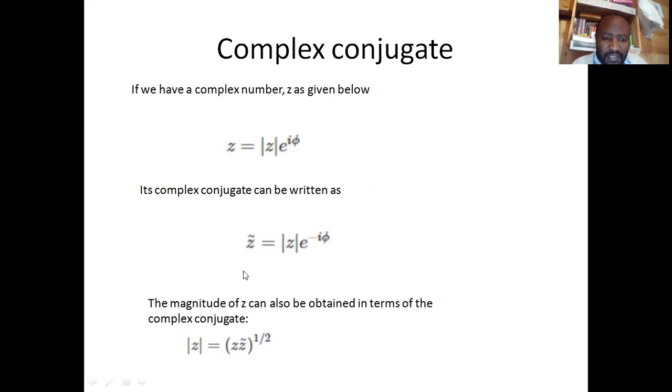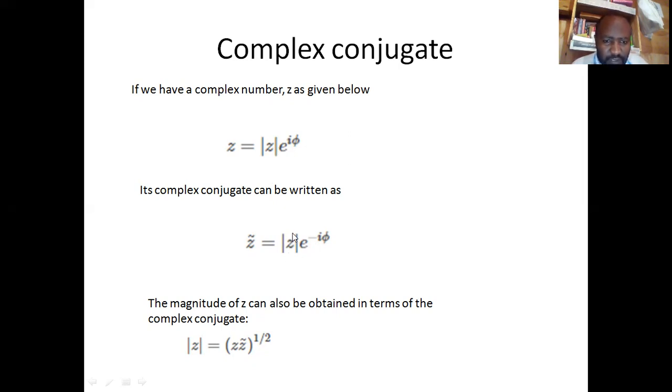Now, see, the complex conjugate has got a wave on top of it, let's call it a wave on top. And also its complex conjugate, the magnitude is the same as the complex number.